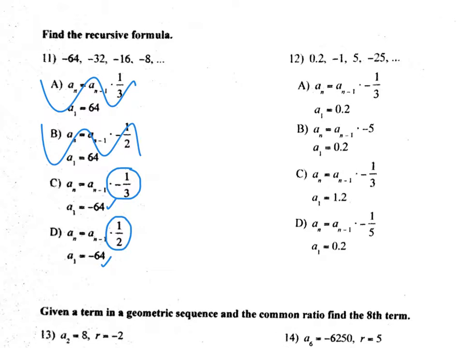So if I look at the sequence that they give me, the question is, am I dividing by -3, which is the same as multiplying by -1/3, or am I dividing by 2? And it looks like I'm dividing by 2 here, so my correct answer is going to be D.